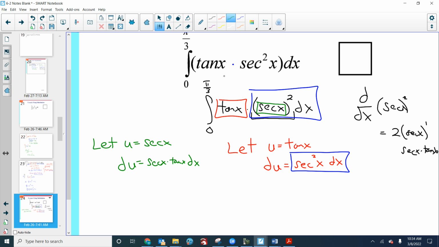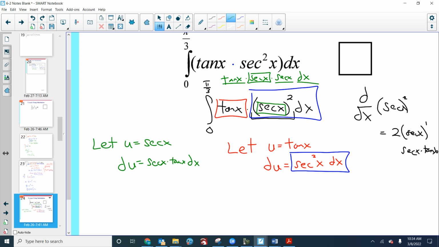Isn't this integrand tangent x times secant x times secant x dx? Isn't that another way to write secant squared x? Guess what? If I call one of them u, isn't secant x tangent x dx du? See it? Kind of tricky.